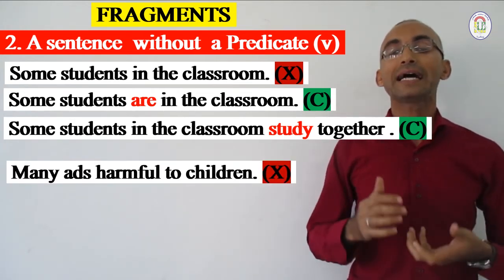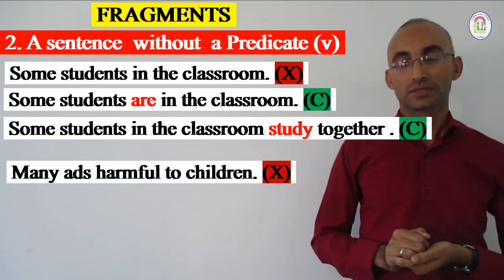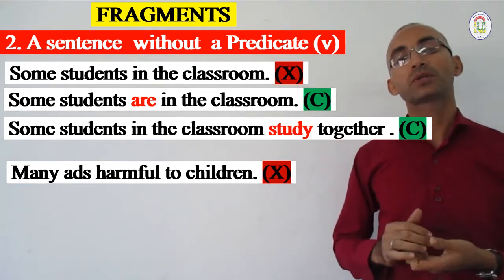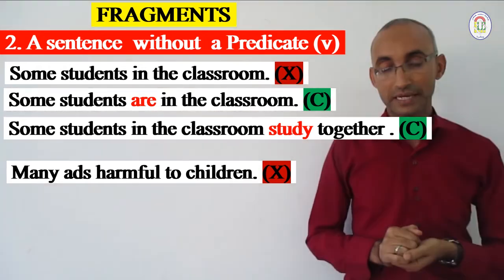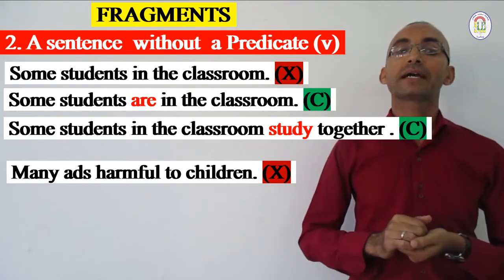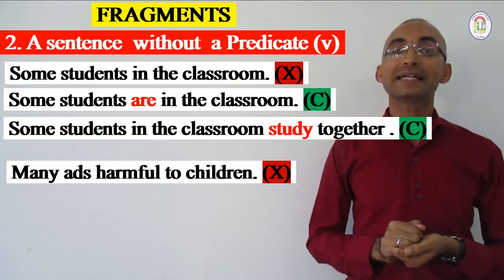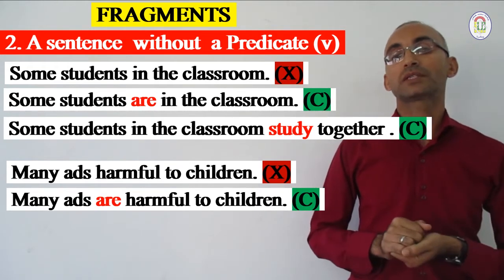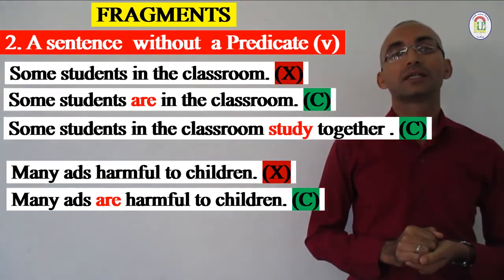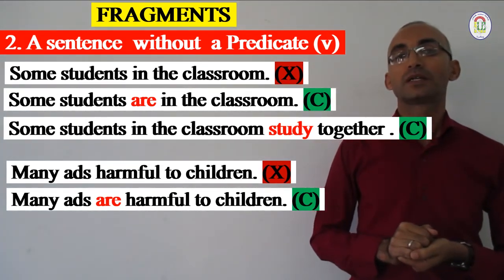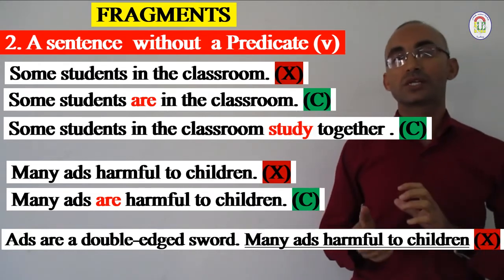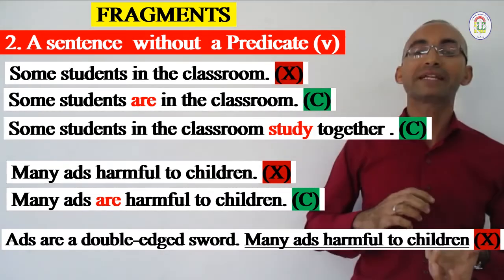Another example with a fragment without a verb. "Many ads harmful to children." So here it lacks a verb. So I can write "many ads are harmful to children." Or if it comes in a sentence, for example, we will find "Ads are a double-edged sword.